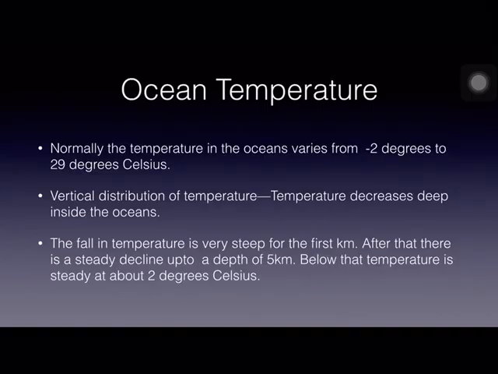After that, there is a steady decline up to a depth of 5 kilometers. Slowly it declines up to a depth of 5 kilometers, and below 5 kilometers, the temperature is steady at about 2 degrees Celsius, without any changes.